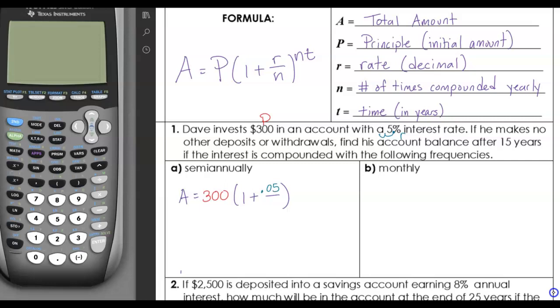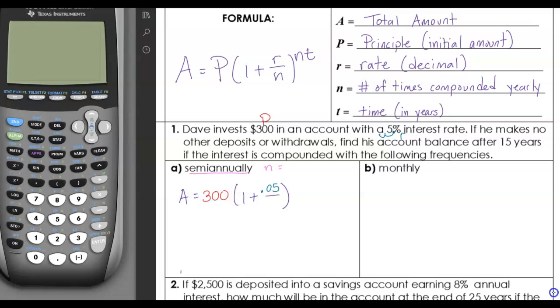And if we are compounding semi-annually, what does this mean our n is? We're compounding semi-annually. What does this mean? So, not quite. Annually means year.